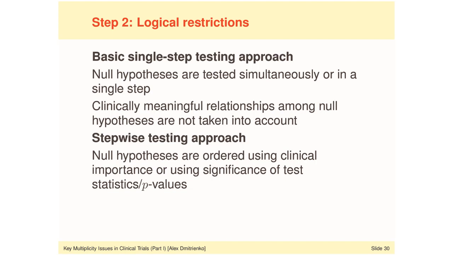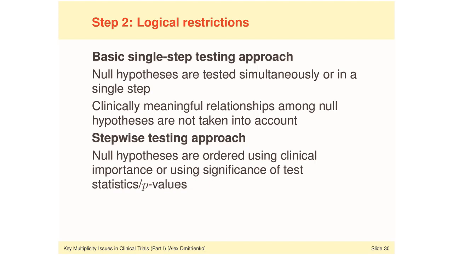Let us first discuss the classification scheme that relies on the available information on clinically meaningful logical relationships or logical restrictions among the null hypotheses in our multiplicity problem. In Module C, we will introduce basic procedures such as the Bonferroni procedure that utilize the single-step testing approach.